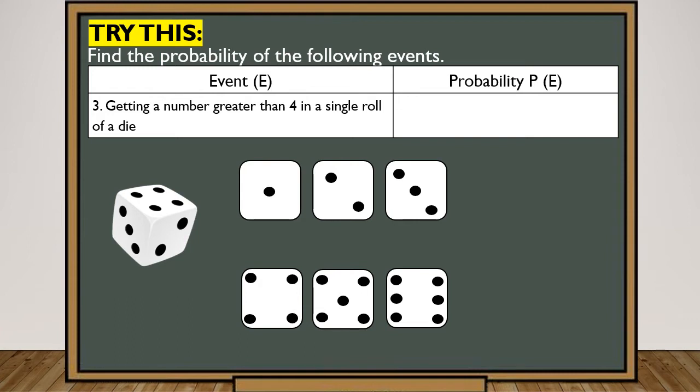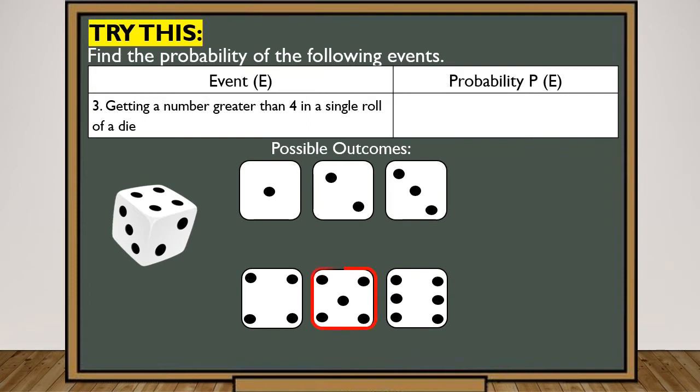We will determine from the possible outcomes which spots are greater than 4. We still have 6 possible outcomes, up to 6. So we will determine from these 6 possible outcomes which are greater than 4.